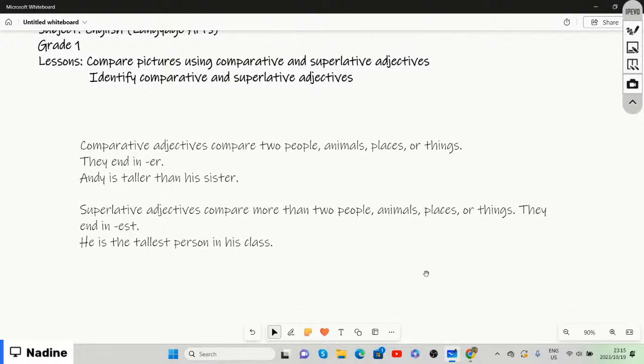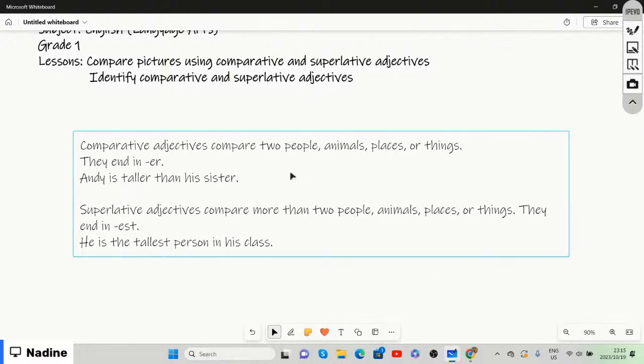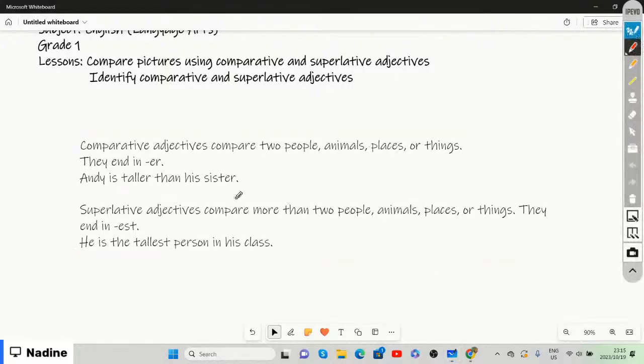So if you compare two people, animals, places, or things, that specific word ends in ER. So remember we said we have a comparative adjective and we have a superlative adjective. So comparative adjectives compare two animals, two people, two places, or two things, and they end in ER.